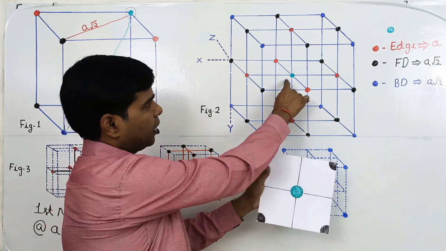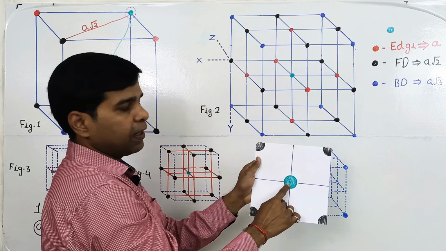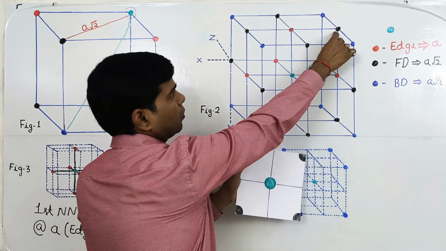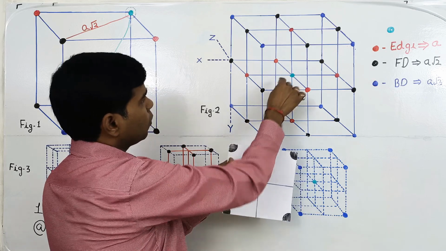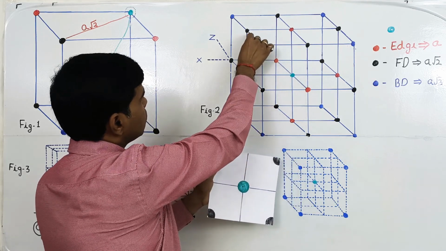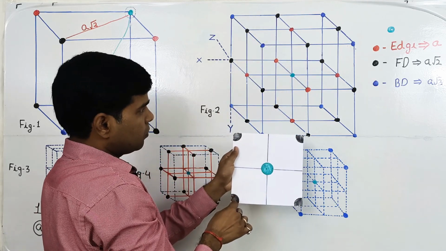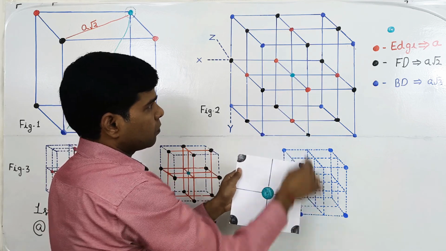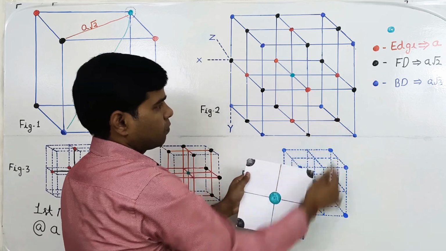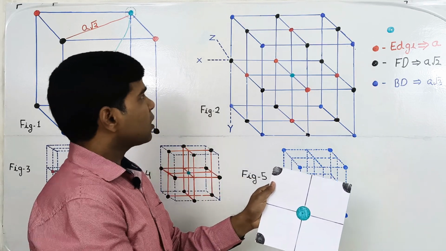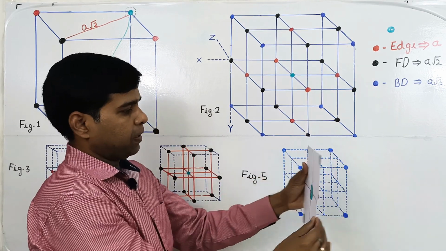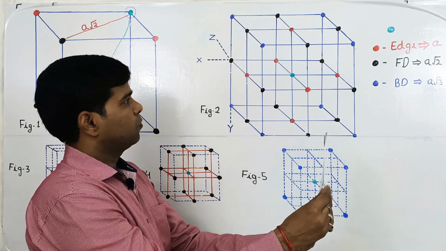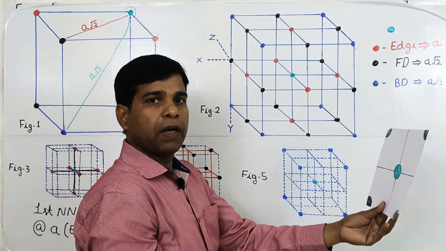Again green is our reference particle and it is surrounded by 4 particles: 1, 2, 3, 4. Now the last plane is the yz plane. This is the z and this is the y. So again we have 4 particles in this plane.